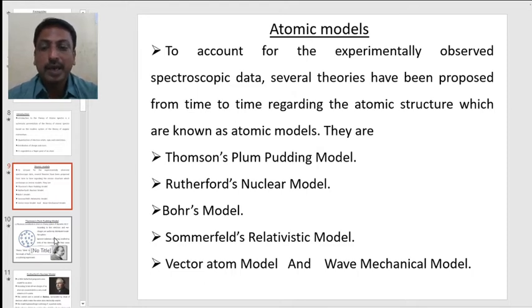In this session, I would like to discuss Thomson's plum pudding model, Rutherford's nuclear model, Bohr's model, as well as the Sommerfeld relativistic model. The vector atom model we will discuss in the next session.